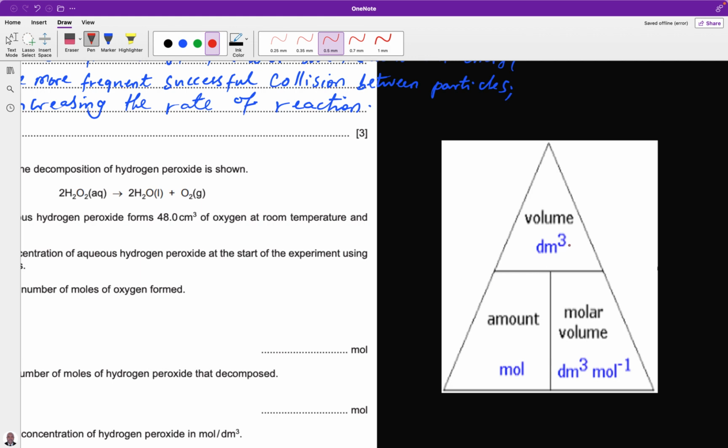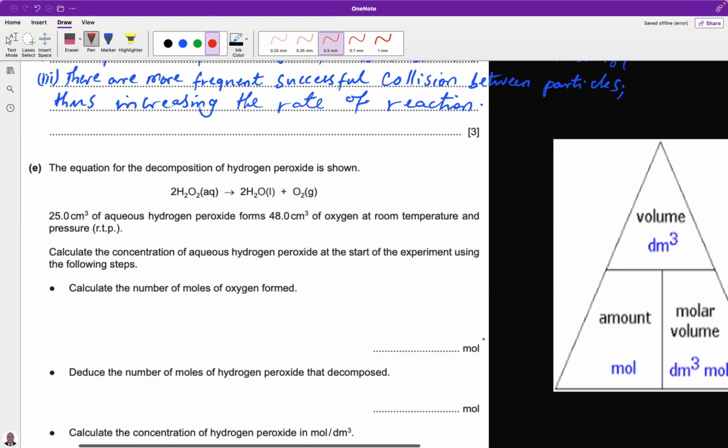So we need to have the volume in dm cube and divide it, and we'll have the number of moles. In that case, what do we do? The moles of oxygen will be the volume in dm cube divided by the molar volume, in dm cube too.